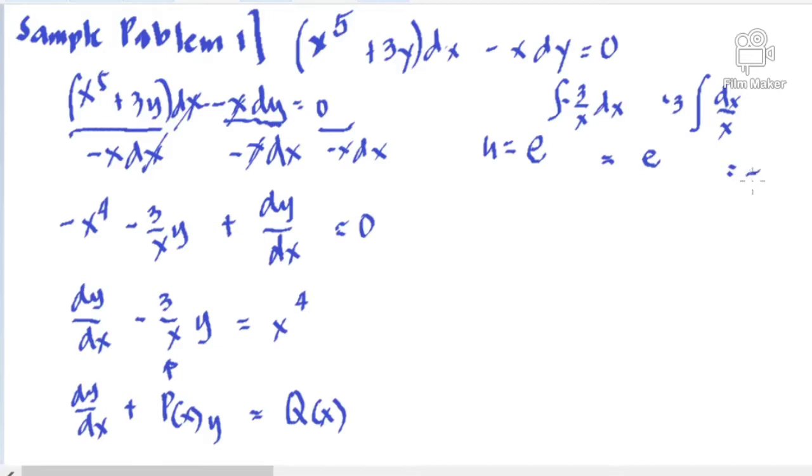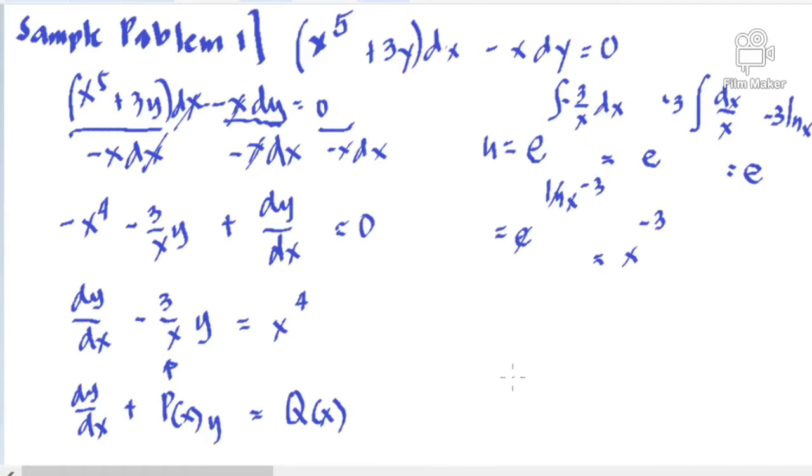So that will be e to the negative 3 ln of x. Now, kailangan matanggal yung ln dito kasi may e siya dito sa ilalim. So, that can be transformed into e to the ln of x to the negative 3. Right? So, ito at saka ito, mawawala na. So, ang ating integrating factor is x to the negative 3.